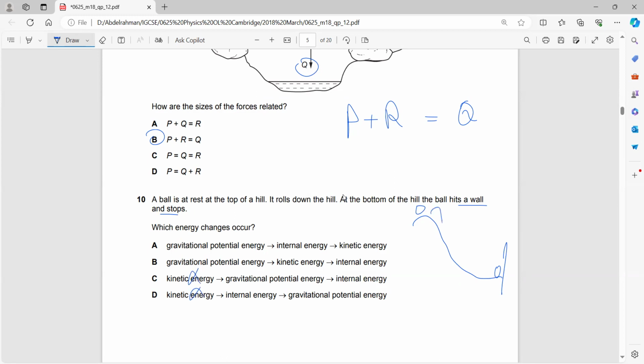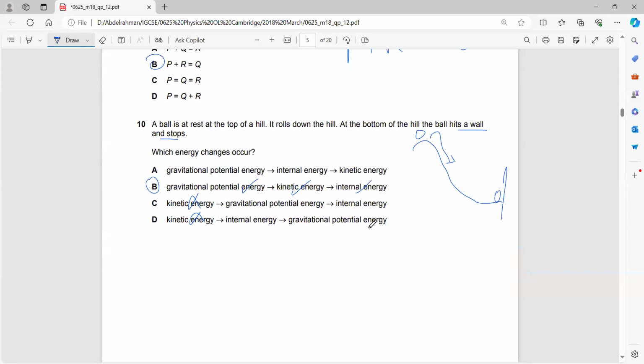As it moves down, this gravitational potential energy transfers to kinetic energy, and then as it stops, it changes into internal energy, such as heat energy or thermal energy.